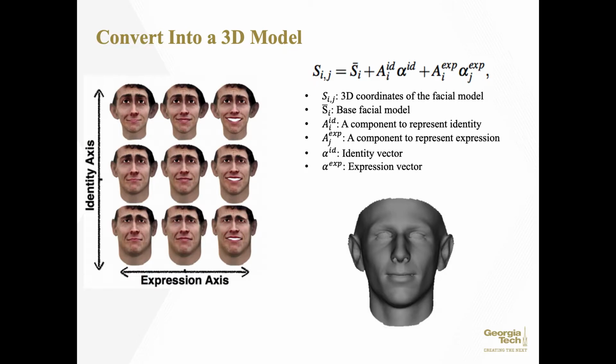Creating an accurate facial model reconstruction is essential for the success of the spoof. It's important to keep in mind that the facial models are made up of two essential components: identity and expression. Identity you can see on the y-axis in the image on the left.